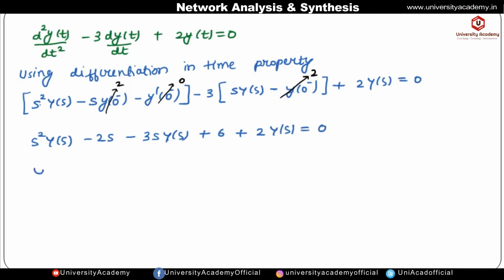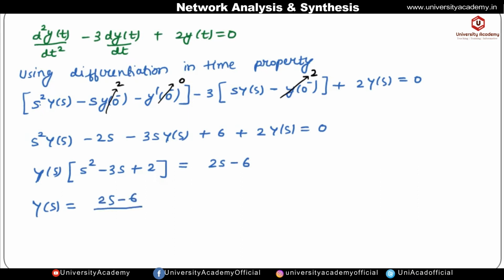So now if we take Y of s common, we are getting s square minus 3s plus 2, and this 2s and this 6 will go to the right hand side, so it will become plus 2s and minus 6. So now if we find Y of s, it will be given by 2s minus 6 divided by s square minus 3s plus 2.